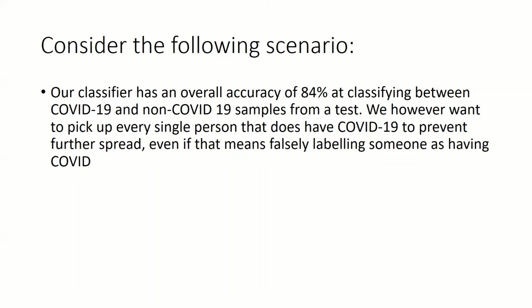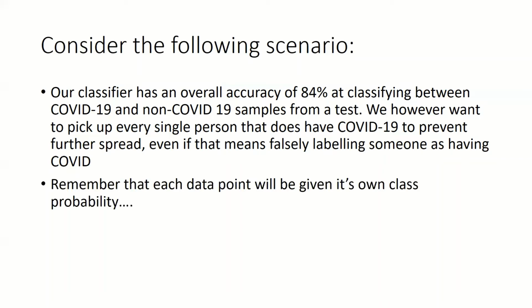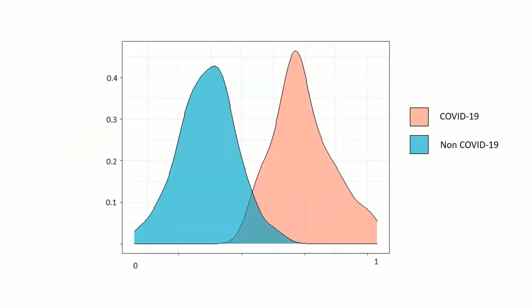So if you were optimizing accuracy, you wouldn't necessarily be interested in maximizing the number of people you pick up that have COVID. But if you're maximizing sensitivity, you are definitely interested in picking up as many of the positive cases as possible, even if it means overestimating COVID-19 in the population. Okay, so if we just remember that each data point will be given its own class probability.